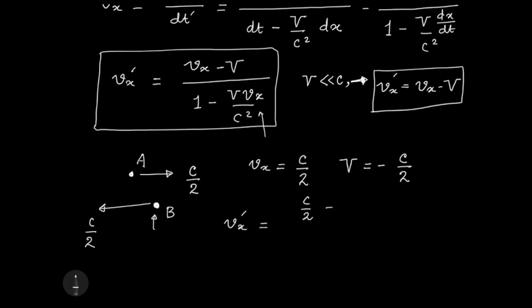So it is c by 2 here. Minus of minus c by 2 makes it plus c by 2. In the denominator I get 1. Again, minus of minus c by 2 is plus c by 2, so this is plus c squared, and there is 2c by 2's, so 4 here.